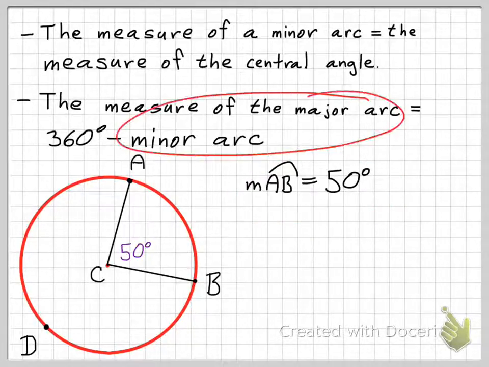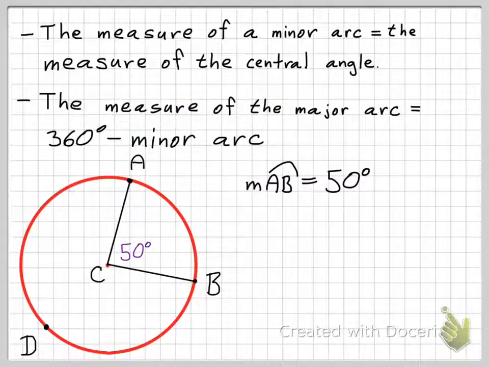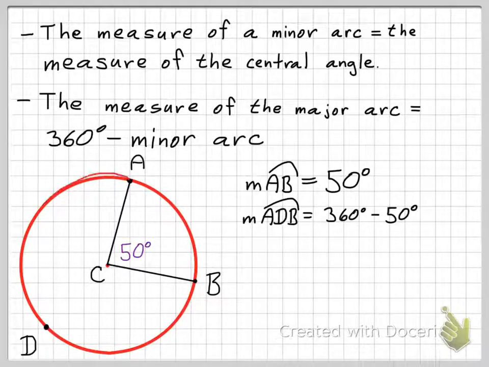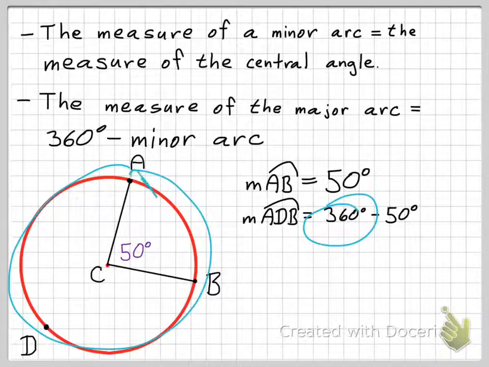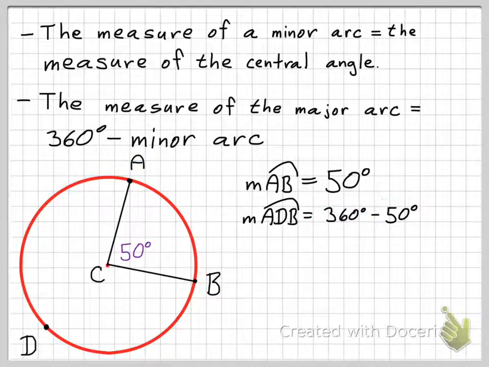And then the measure of the major arc is equal to 360 degrees minus the measure of the minor arc, which would be 50 degrees. So the measure of this major arc is going to be equal to 360 degrees, the whole entire distance around from beginning to end point, minus the measurement of the minor arc, minus this part, which obviously will equal this part.